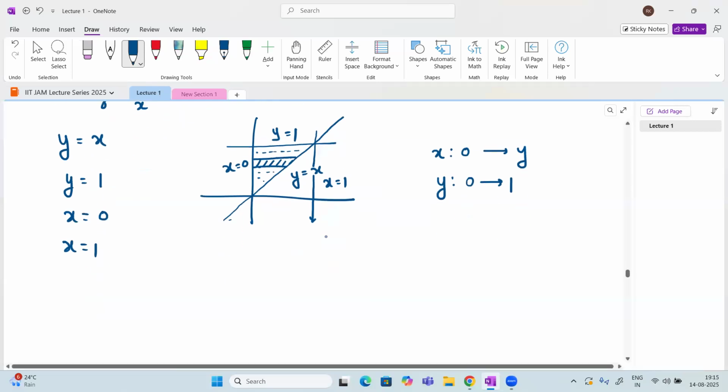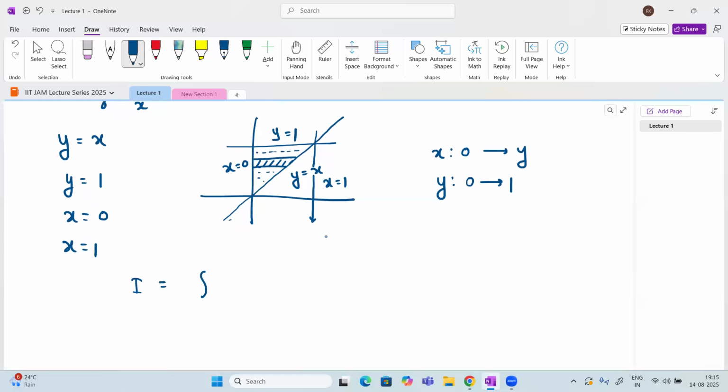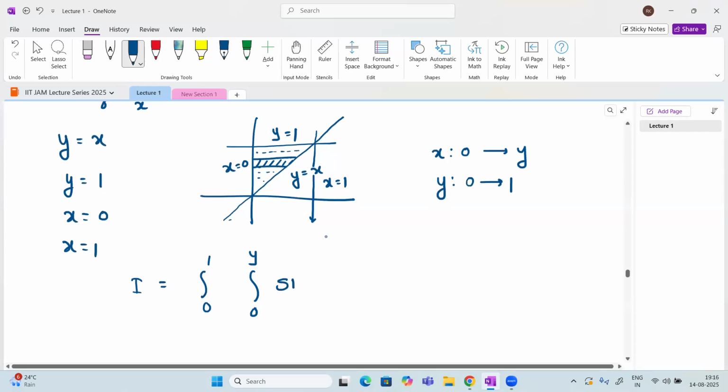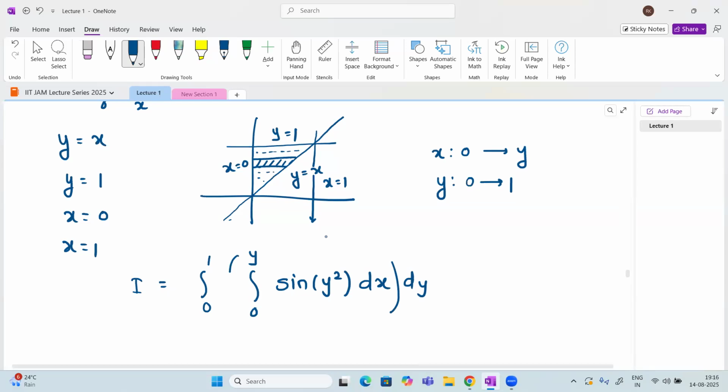Since we have already discussed such types of problems, that's why I'm writing directly. Limits will be 0 to 1 and 0 to y. The function remains same, sine y square. Now I should write dx first since my strip is parallel to x-axis.